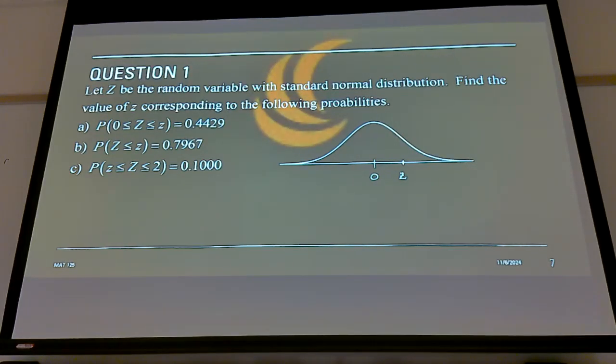That's the value we're trying to find. We're trying to find the value z that makes that area 0.4429. That is what we're looking for. So that's the z we have to determine.